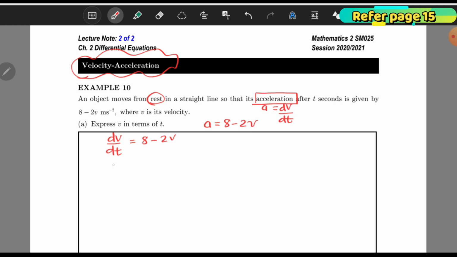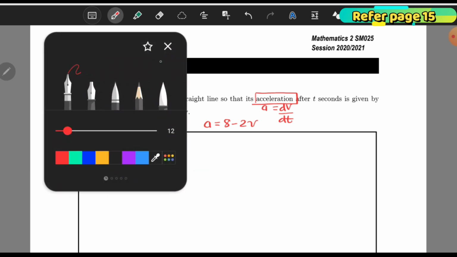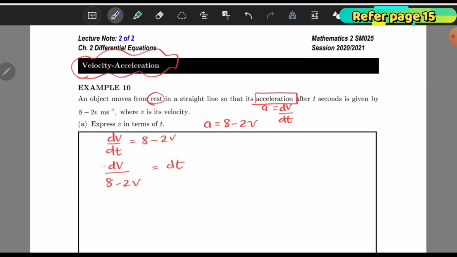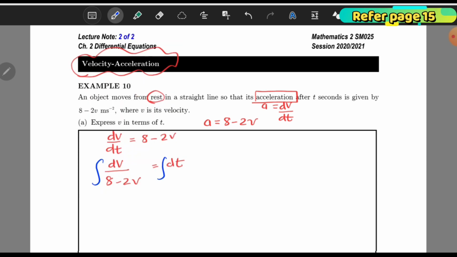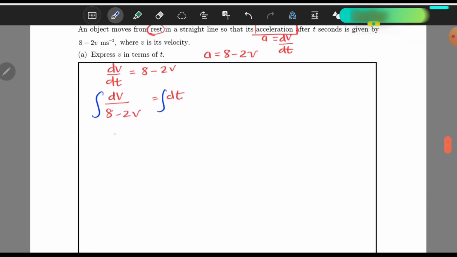And then we separate the variable. We have dv over 8 minus 2v is dt. And next, as usual, we try to integrate both sides.